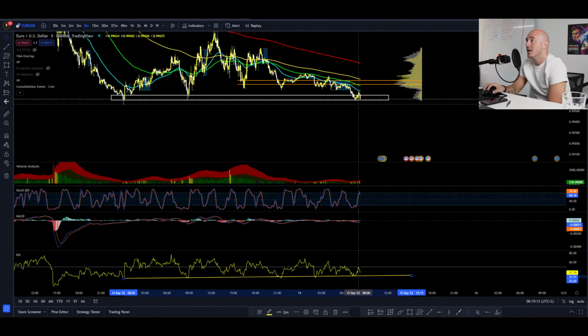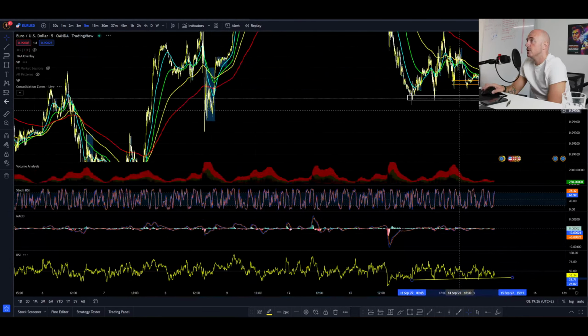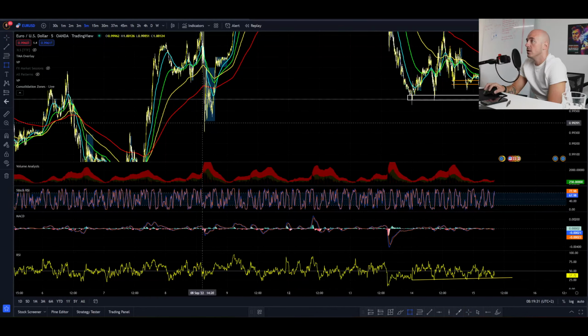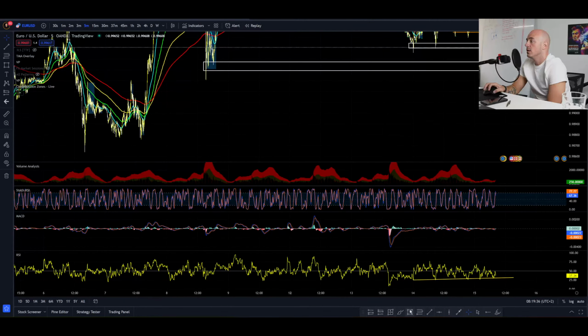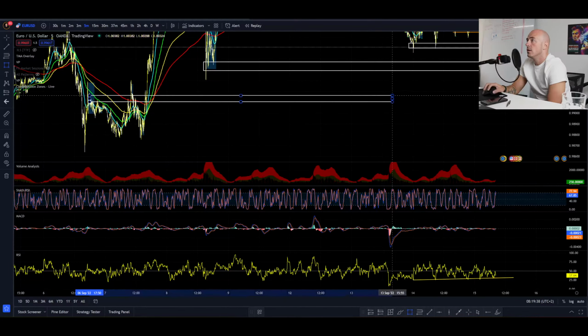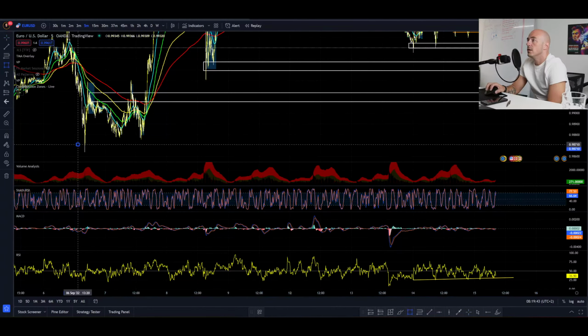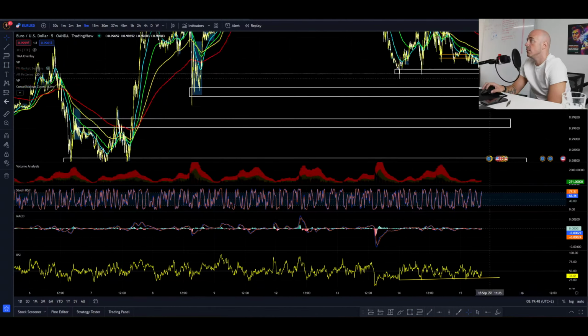So it might actually reject off of this area. Or if it breaks through, then it's no longer a triple bottom, but a break of a zone. You understand? And then you look left to target. Next target. Next target. Next target. Like, go with the momentum.